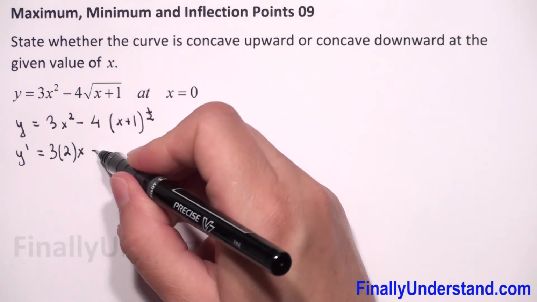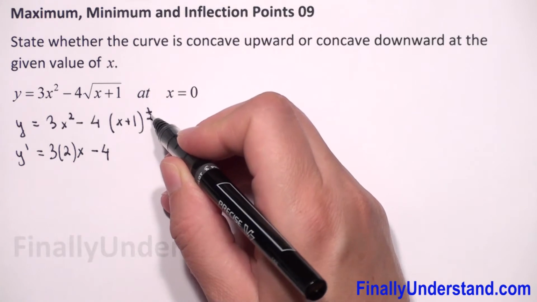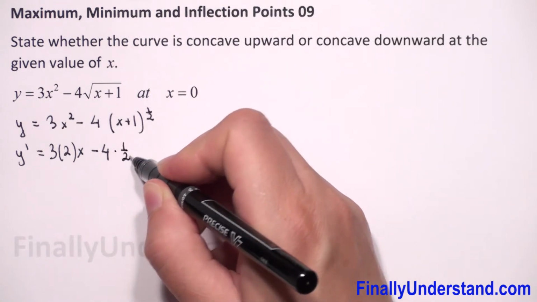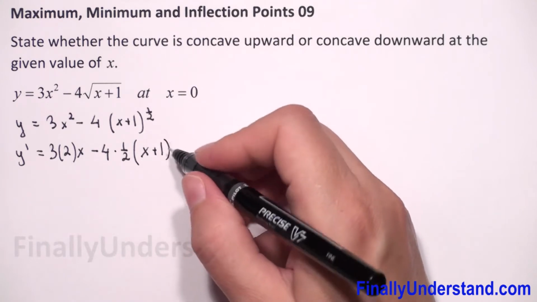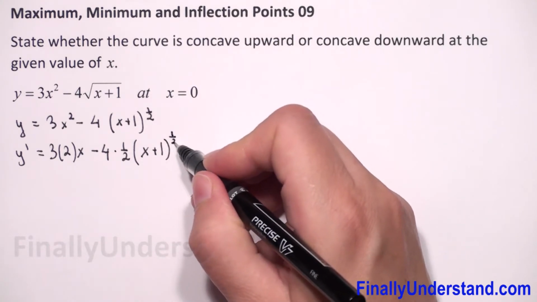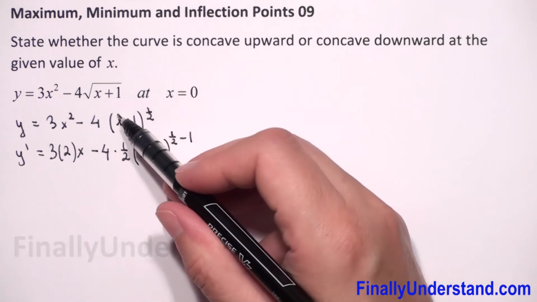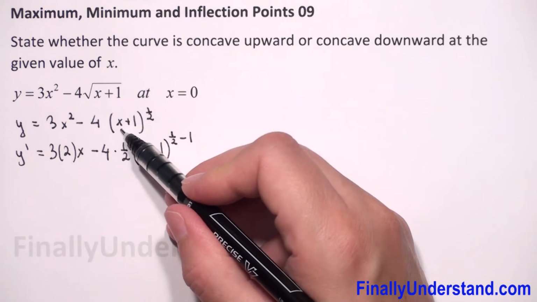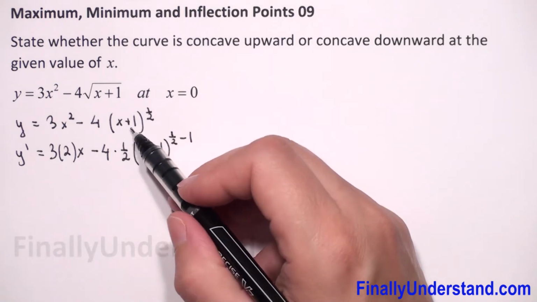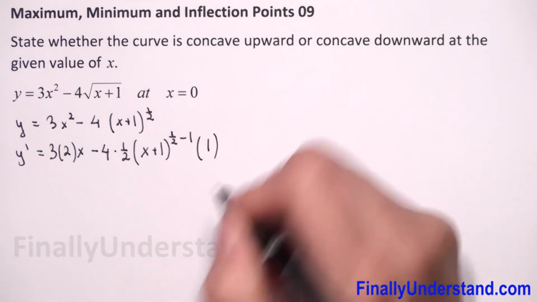And now we have to just copy for the derivative of a composition function, so we copy 1 half the power times (x plus 1) in parentheses, and we have 1 half minus 1, and we have to find the derivative of the expression inside the parentheses. The derivative of x is 1, the derivative of 1 is 0, so we have only 1.